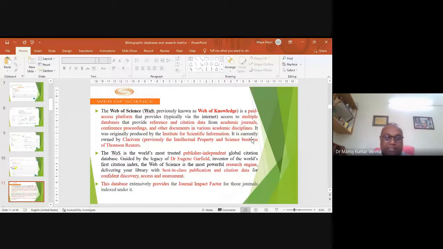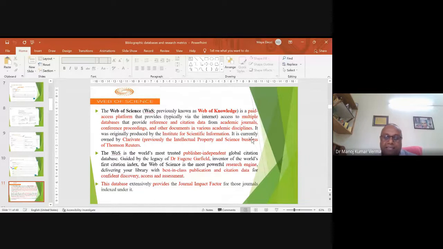It was originally produced by the Institute for Scientific Information. It is currently owned by Clarivate. One company is presently handling it, who owns this Web of Science.